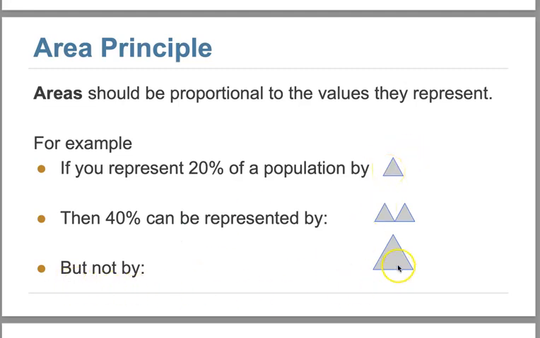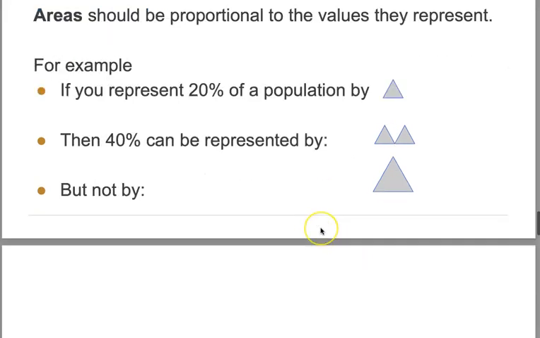But they show one triangle and make the other side double. So the area becomes double times double, which is 4 times. So this is 4 times more than the 20% here. This one is actually 80%, not 40%. That's what we call the area principle.